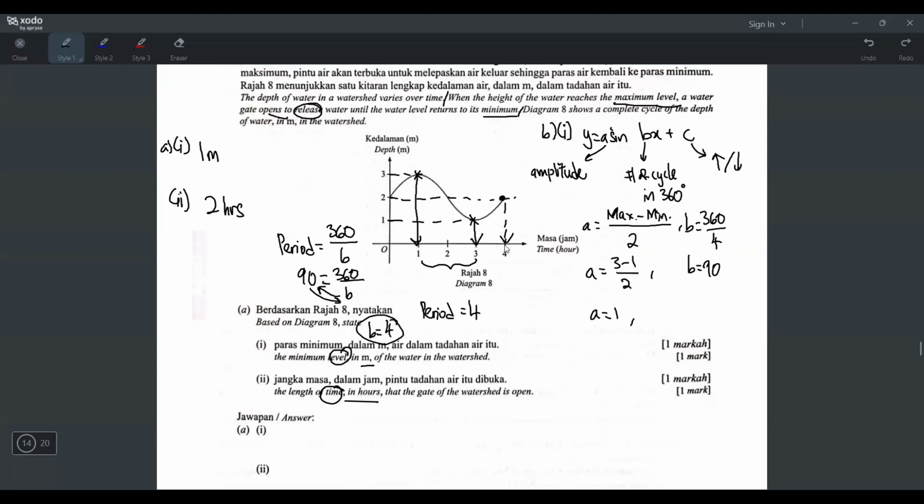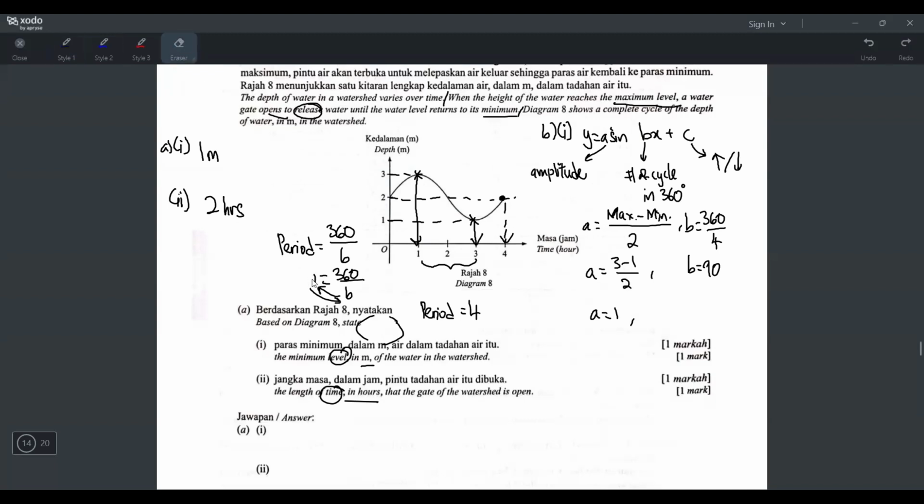And it makes sense because when the B is 4, your period will be 360 divided by 4, which is, oh my god, wait, did I do it correctly? Yeah, sorry, your B must be 90. Why did I write 4 here? B is 90. I made a mistake already.